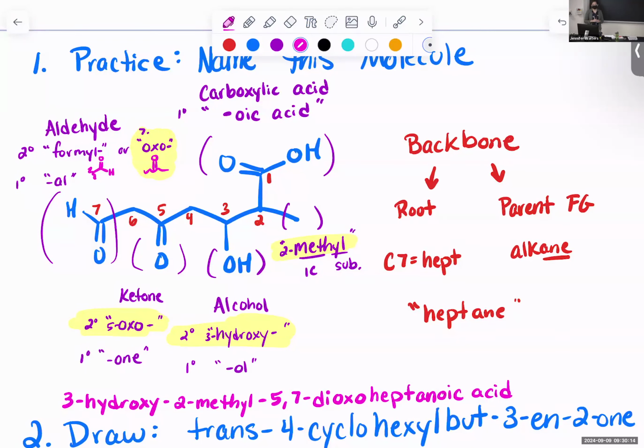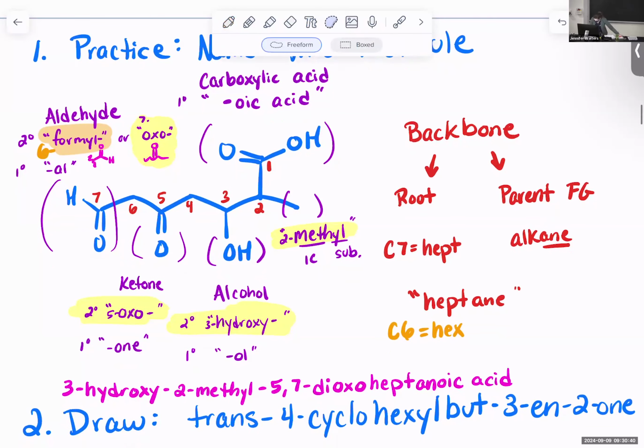If I wanted to name this using formyl, if I wanted to use that formyl prefix, that changes my backbone to C6. And then my formyl is coming off of carbon 6. So using that, I need more space.